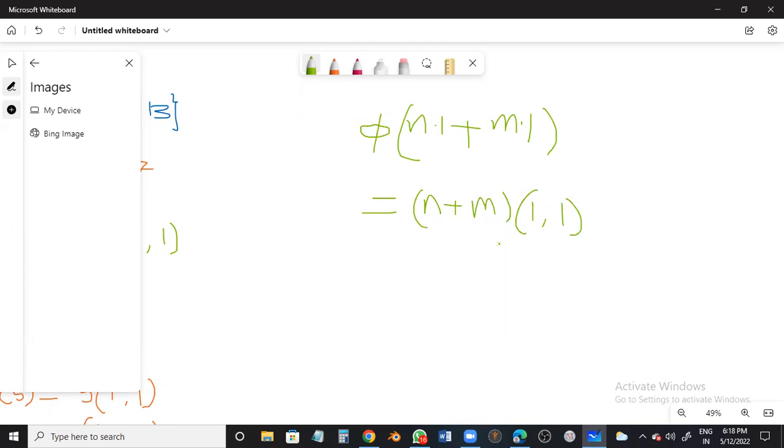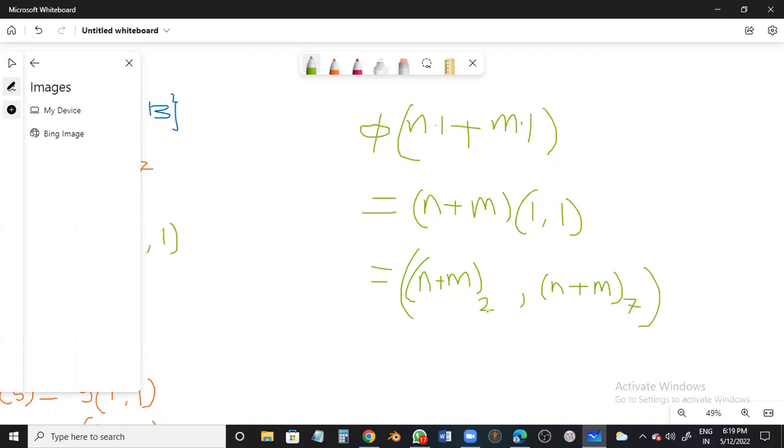Are you getting my point? This will be n plus m times the ordered pair (1, 1). Now, the first component will be n plus m, whatever remainder when divided by 2, and the second component will be n plus m with base 7. Do you agree? What I mean by this is the remainder when divided by 7, and this is the remainder when divided by 2.